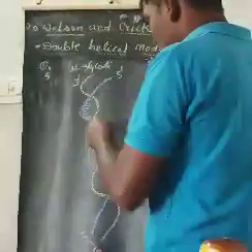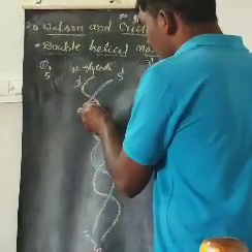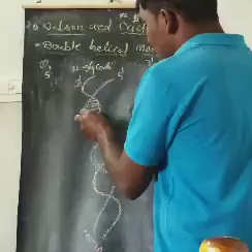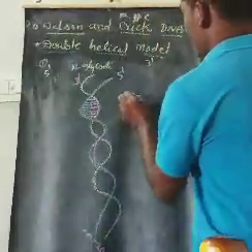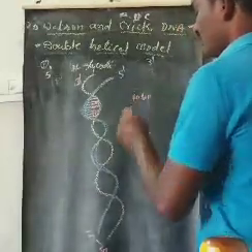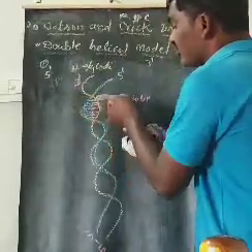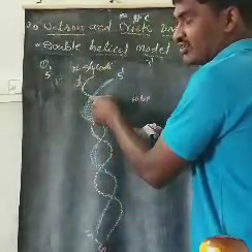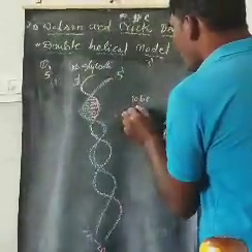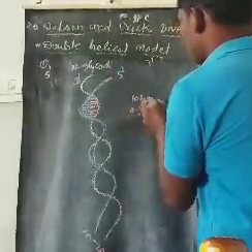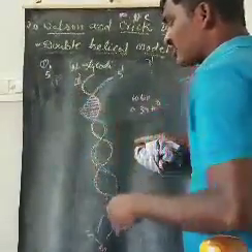So this one is a twist and this one is a nitrogen base pair. 10 nitrogen base pairs are contained in each twist. So the gap between this nitrogen base pair and this nitrogen base pair, both nitrogen base pairs, is 0.34 angstroms.